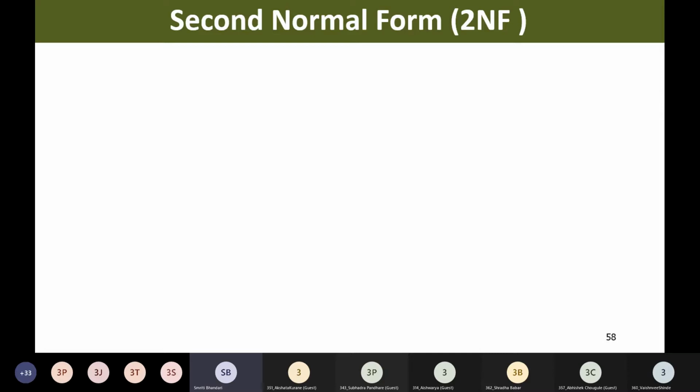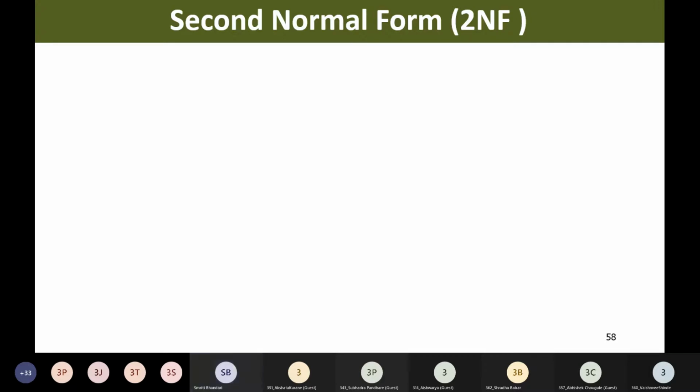We have seen the example in the last class, right? And we have tried to convert an unnormalized relation into 1NF. In the last class, we saw two approaches to convert an unnormalized relation into first normal form, right?